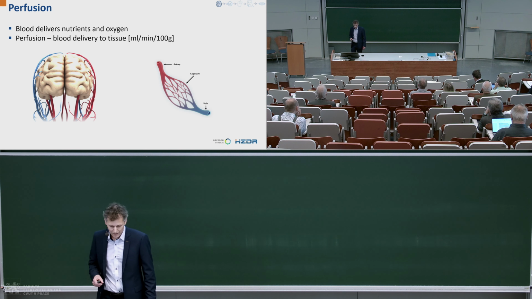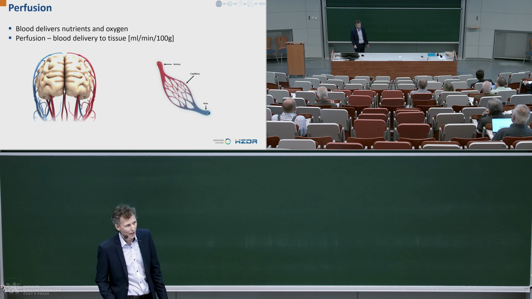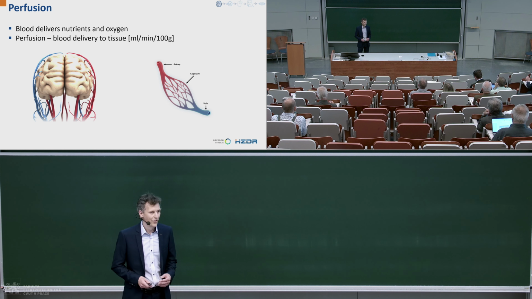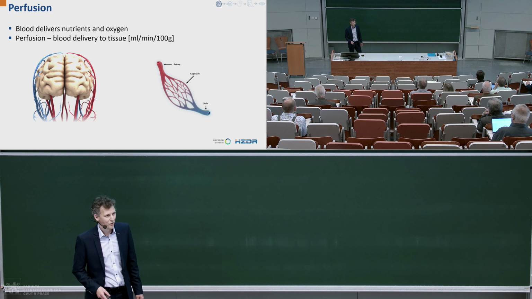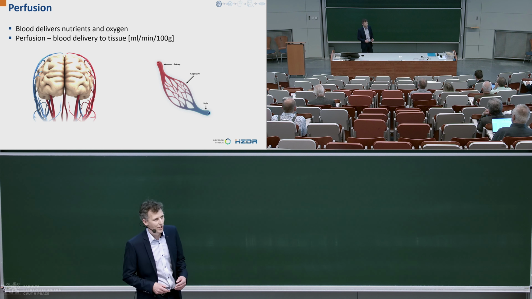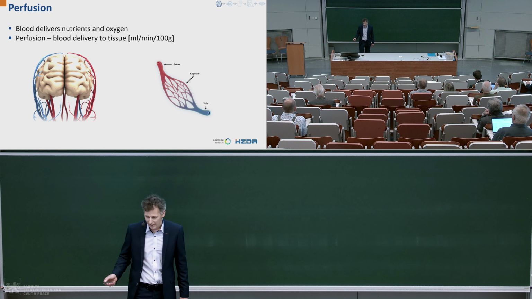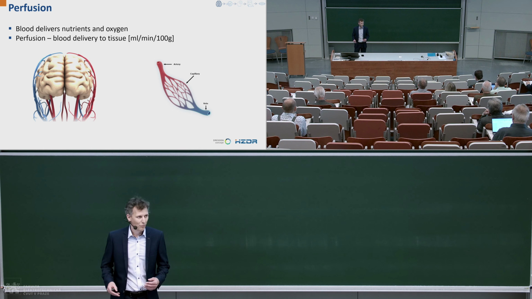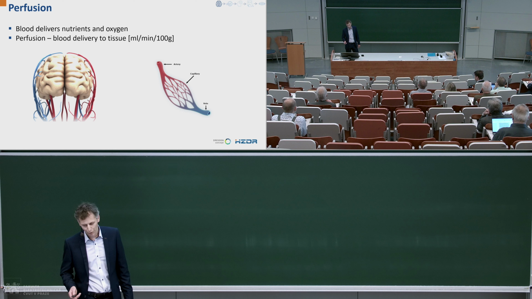There are several main arteries coming through the neck, supplying blood to the brain. These arteries further branch into smaller vessels and then into capillaries. It's in these capillaries that the actual exchange of nutrients and oxygen between the blood and tissue happens. And it's the supply of blood, the amount of blood coming to this capillary bed expressed in milliliters per minute per 100 gram, that we call perfusion.